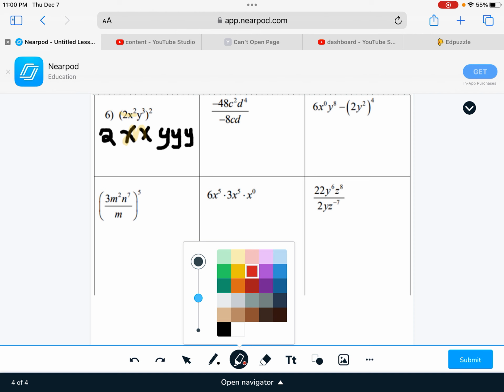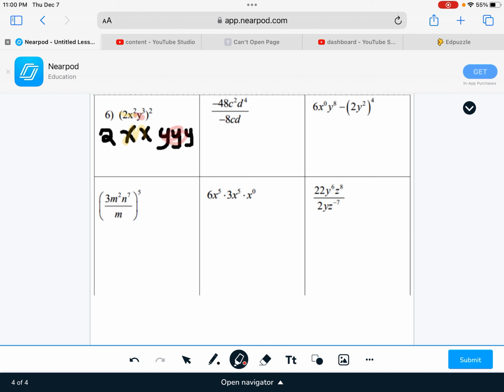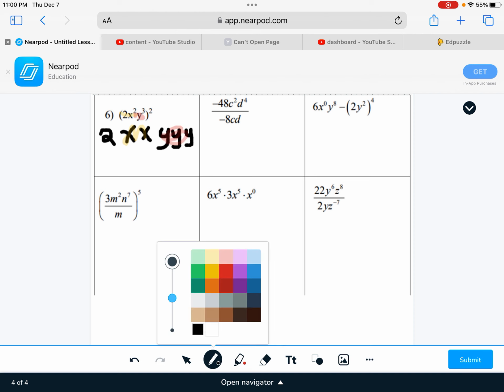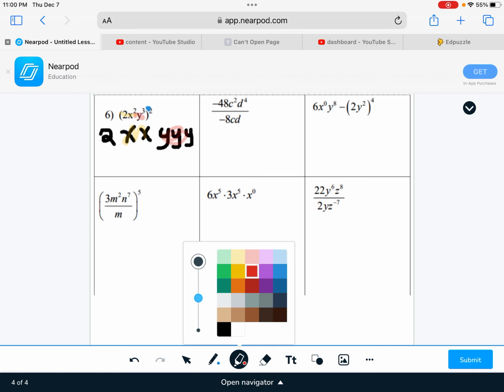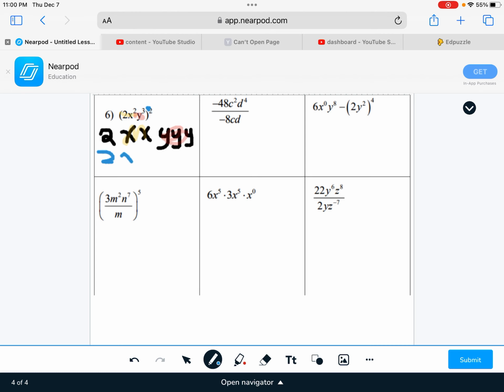The y's to the 3's gives me those 3 y's. I have that happening to it twice. That means that I have my second time here, 2x, x, y, y, y. When I combine those together, 2 times 2 is 4. There's 4 x's here, so x to the 4, y to the 6.